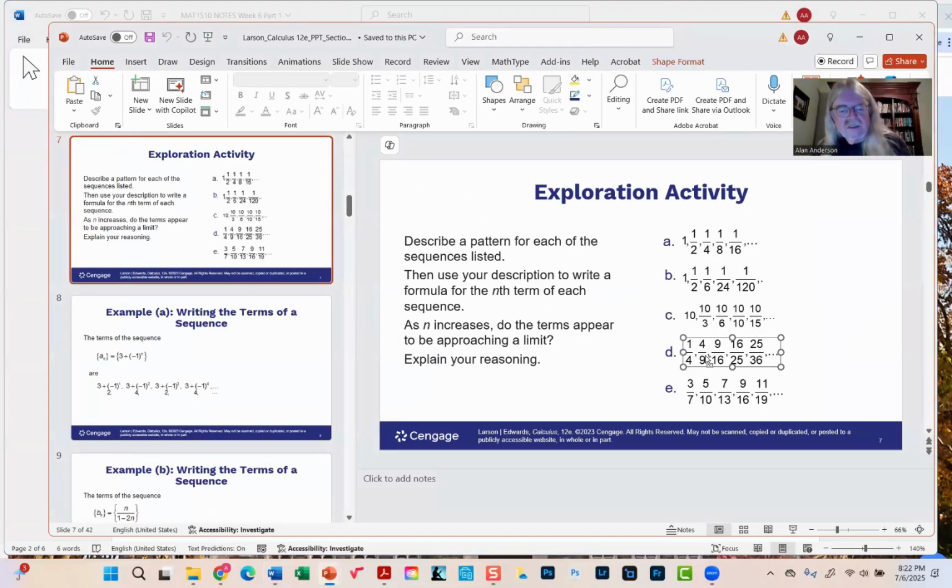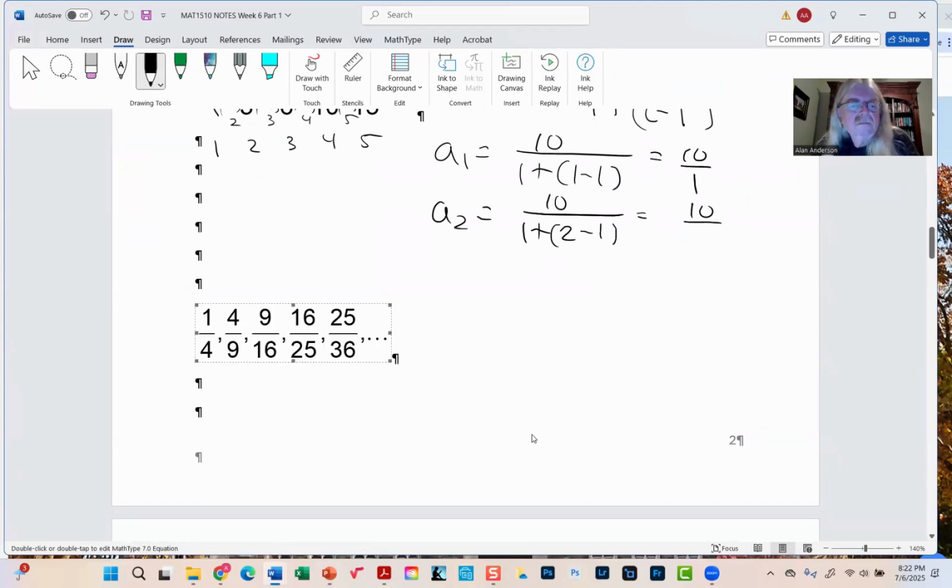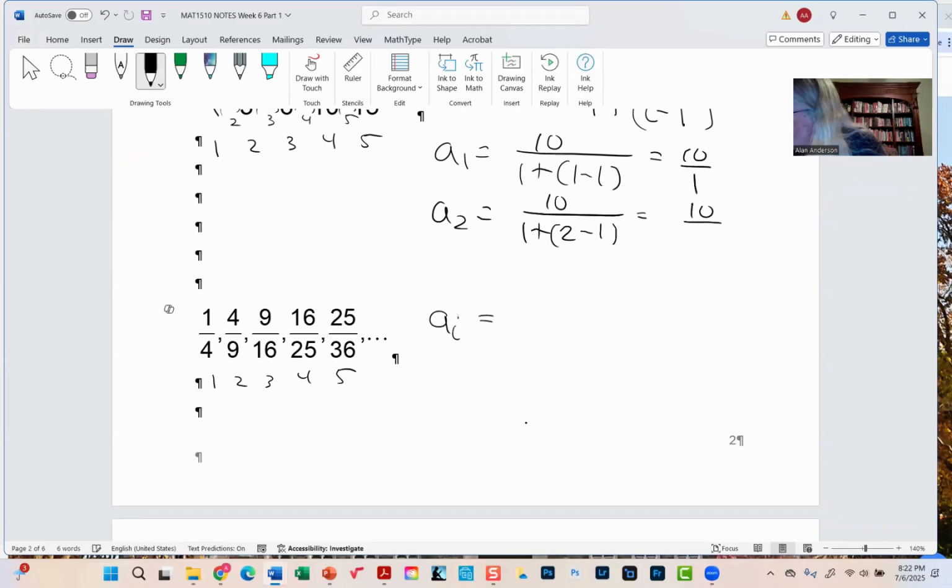This one, let's see. So remember, the indices are one, two, three, four, five. It looks like this one is going to be I squared over I plus one squared.